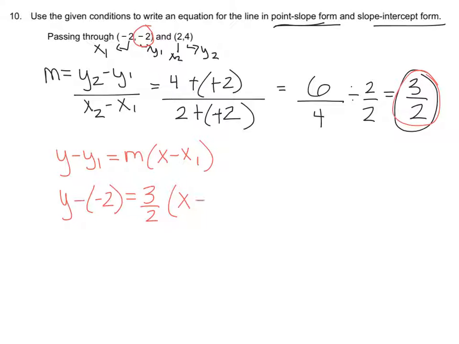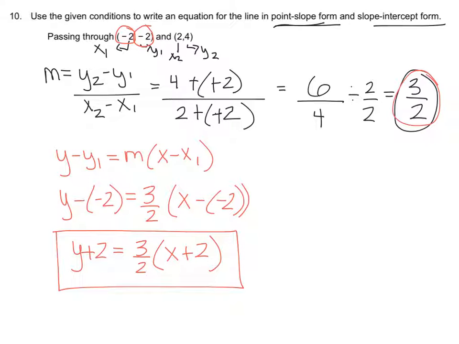And then x minus x sub 1, which is also a negative 2. And now all I need to do is simplify this. So y minus a negative 2 is the same as y plus 2 equals 3/2 times x minus a negative 2, which is the same as x plus 2. So this form is my point-slope form.